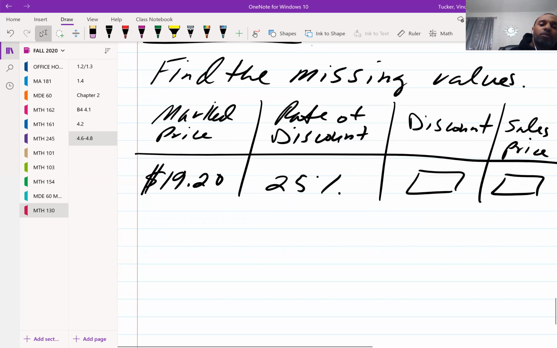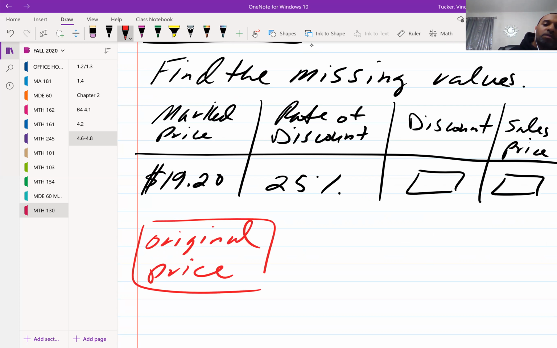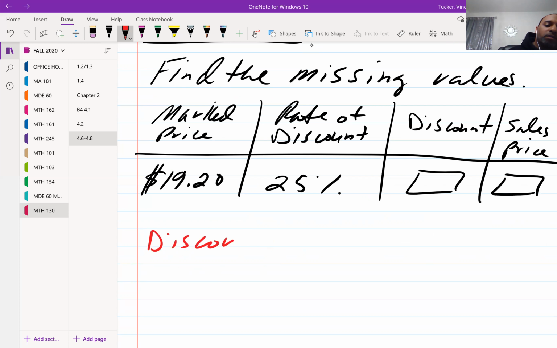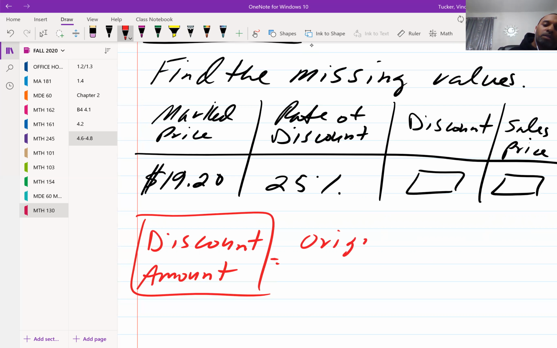So when we talk about how we would set this up, we have our original price, depending on what we're trying to find. If we're trying to find the discount, we'll do original price times discount rate.